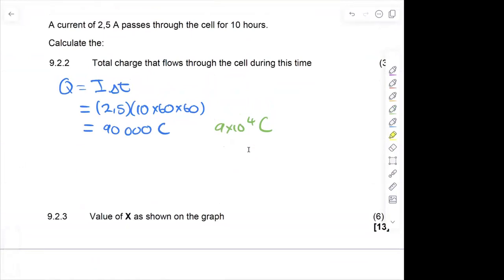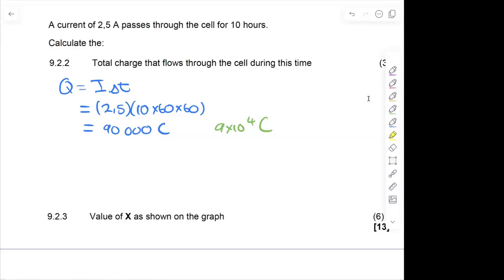That charge tells us about the number of electrons that have gone through. We can then use the number of electrons and the half cell to figure out what has been happening, so I'm going to use the charge to figure out how many electrons are going through and then how much of the metal has been deposited.